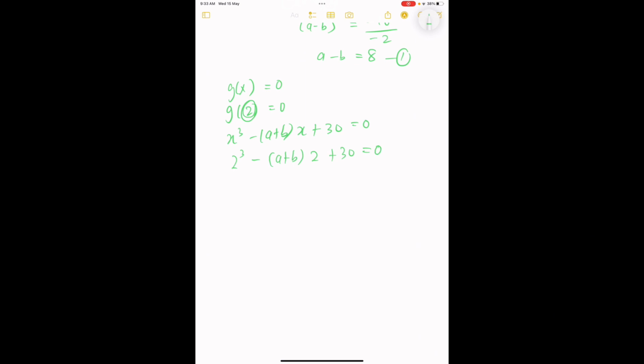Okay, next you solve the numbers. So the numbers will give you 8. So 8 plus 30 is 38. Same step as just now.